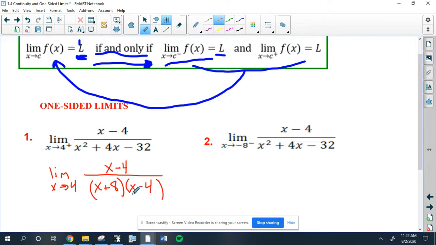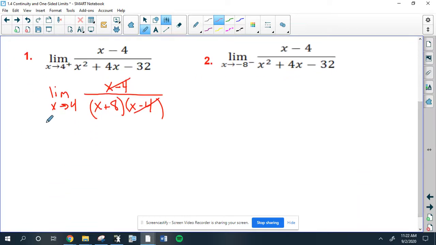And then evaluate this limit as normal. This function 1 over x plus 8 is the function that agrees with the original function at every point except x equals 4. Plug 4 in and you get your limit.